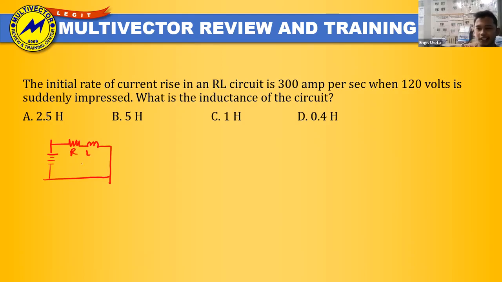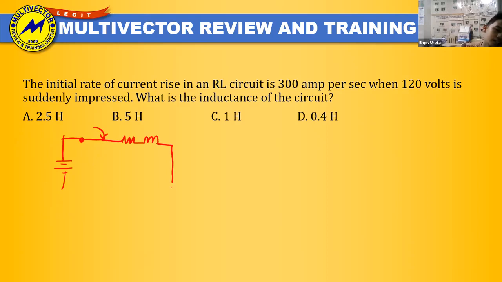No values for R and L were mentioned. It says suddenly impressed, which means this circuit is an initiation transient. From the originally disconnected circuit, we connected it, so it suddenly had current.